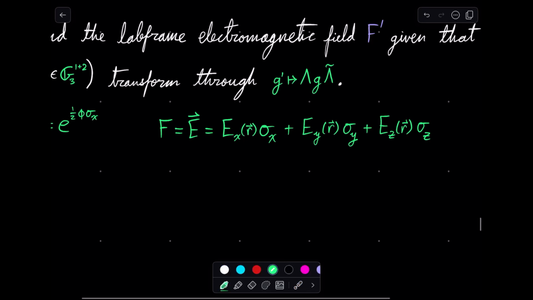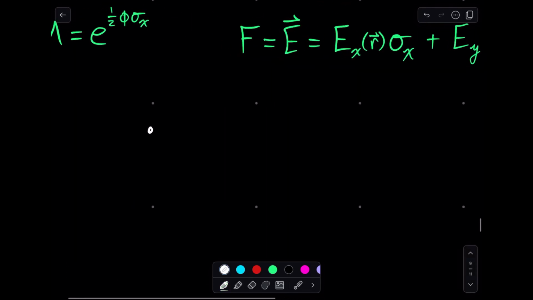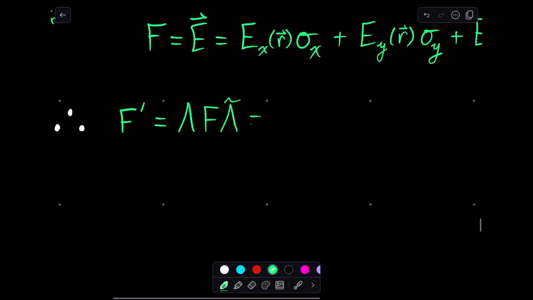So the next step is to look at the transformed field, so F prime. So this will be lambda F lambda Clifford conjugate, which is e to the one half phi V, but this V is just sigma x.